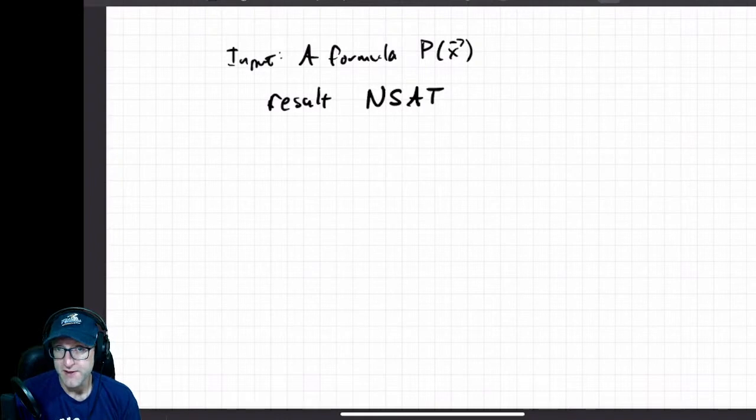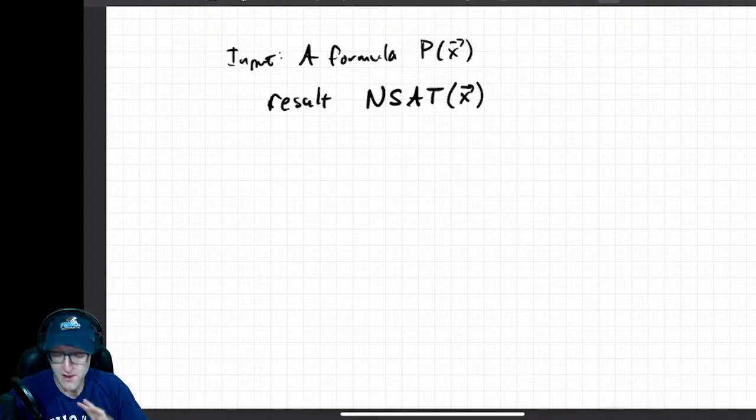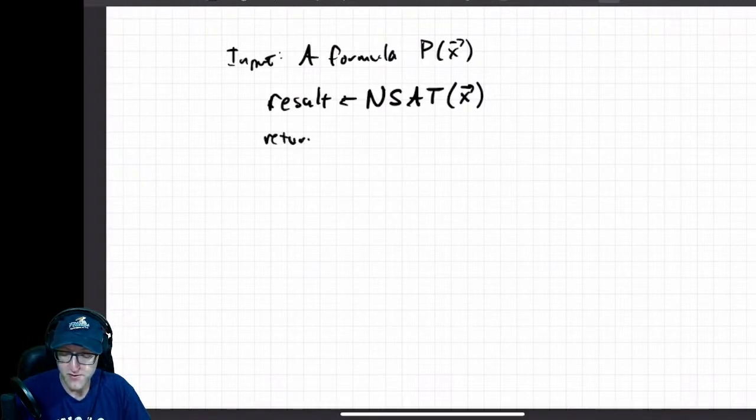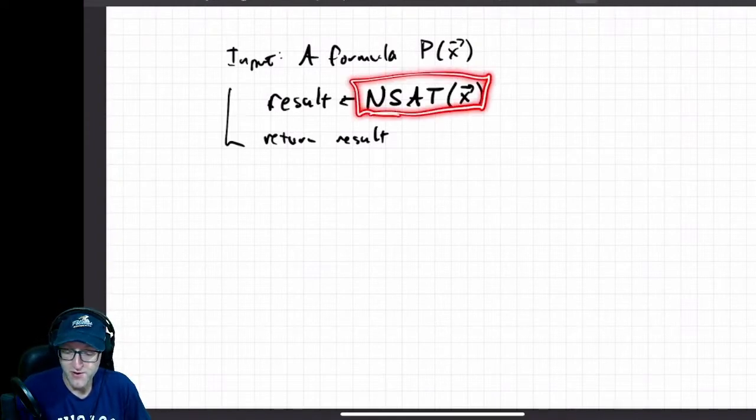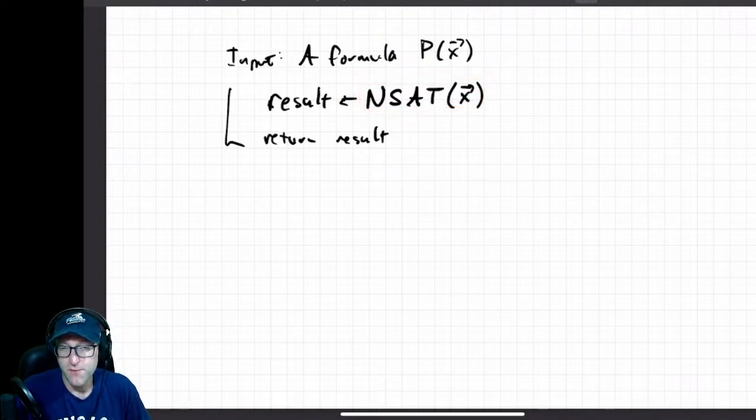Basically, you guess an assignment, and then you verify it, and the machine itself, which I'm calling here NSAT, non-deterministic SAT, magically determines that there's one computation path that accepts, so the entire thing accepts. And if I just put that into a result and then return the result, there's a deterministic polynomial time algorithm, right? But it is not, in fact, a deterministic polynomial time algorithm because I'm abusing this function call.